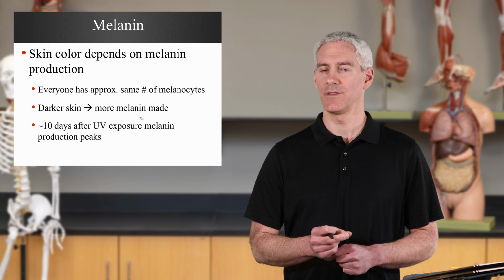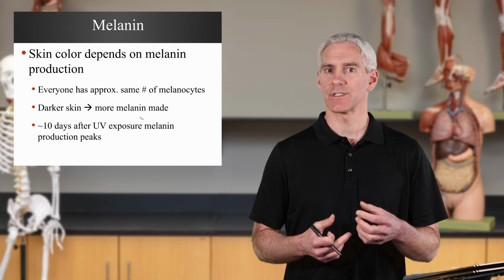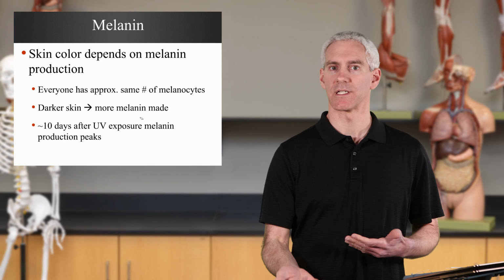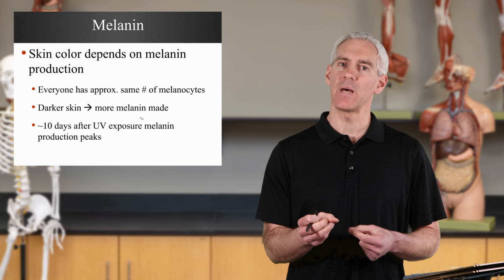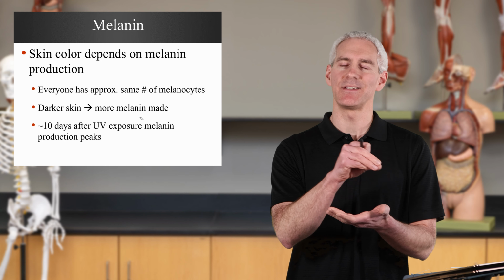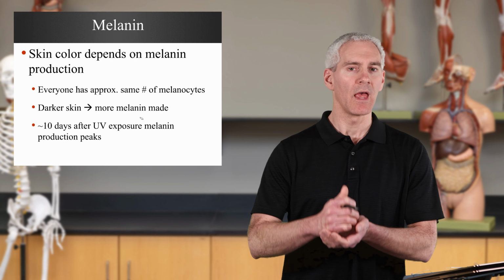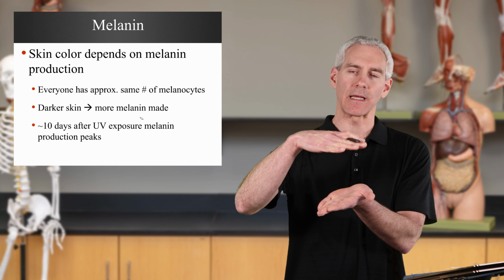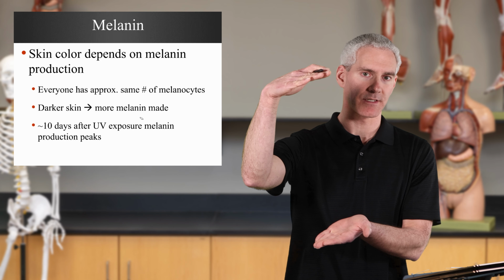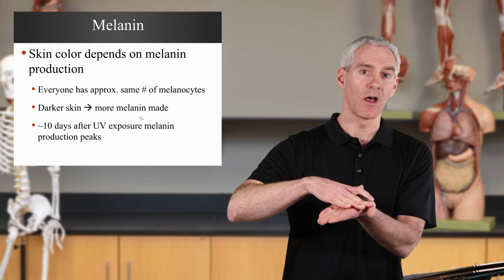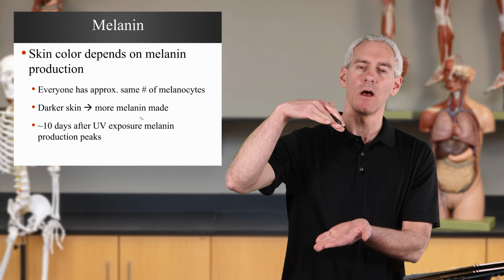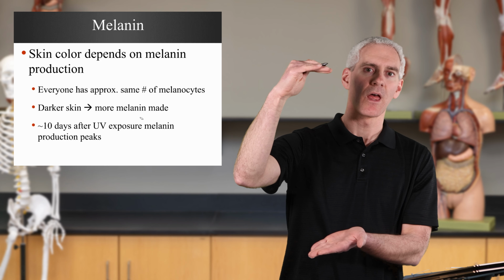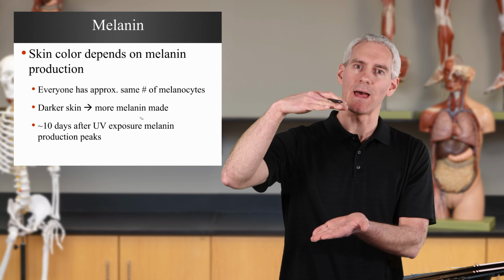Now, the thing to keep in mind though is, you can't just store melanin for long periods of time, because that melanin is inside the different keratinocytes. And as those cells progress up towards the surface, from the stratum basale, up to the stratum spinosum, up to the stratum granulosum, you're moving that melanin.